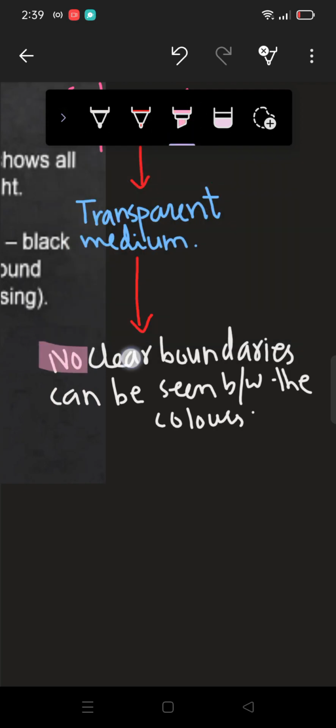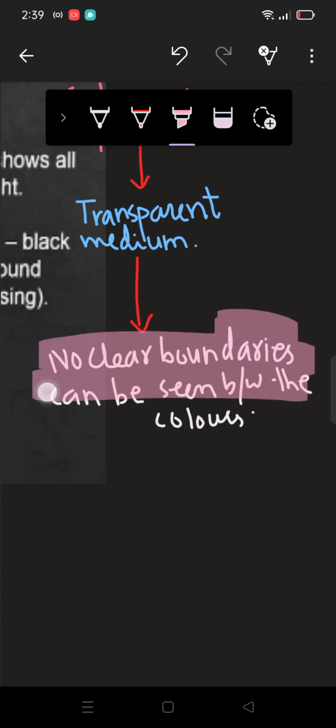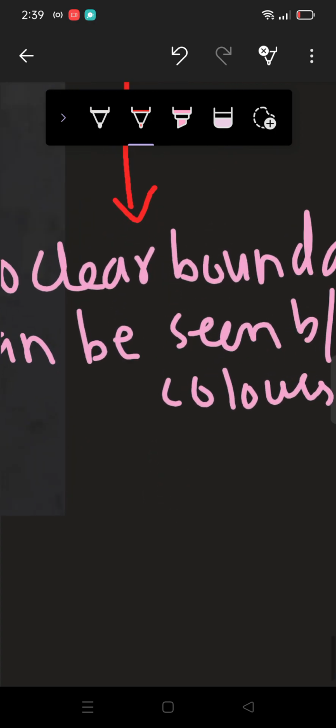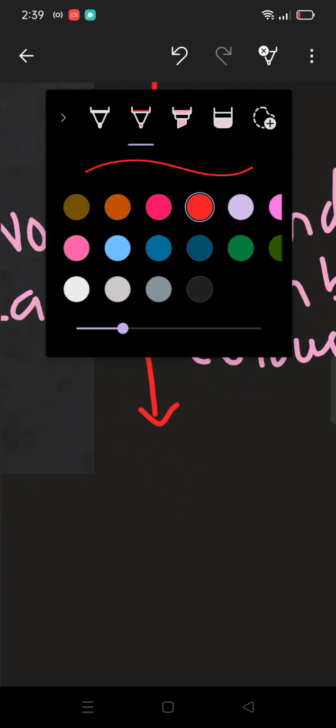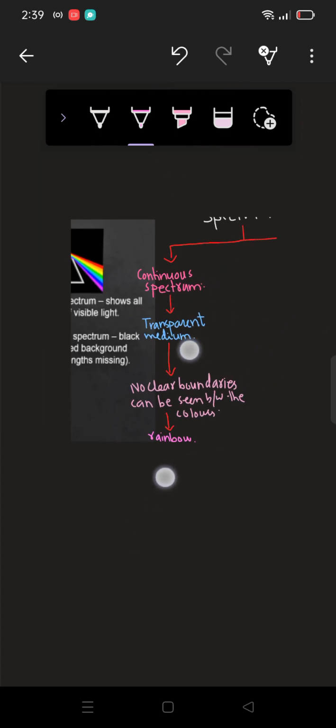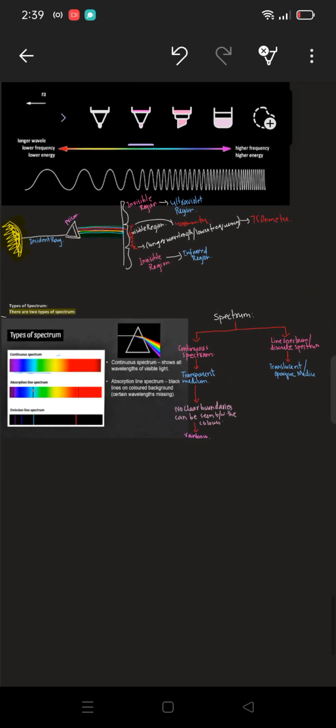Now let me highlight this point. This is the actual definition. And the best example of it is rain. Not rain, however, rainbow. Because in a rainbow you can see all the diffused colors, and the clear cut boundary is not seen between those diffused colors.